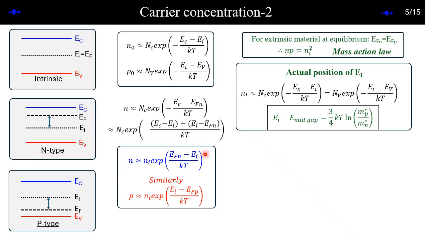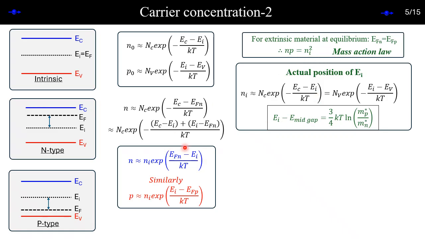Also, as we have seen, there were the integrals. If you change the Fermi energy level, one will grow, another will shrink, but the product of them should remain constant. That is the mass action law.